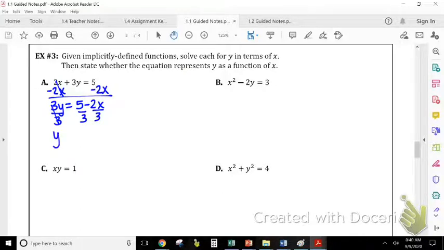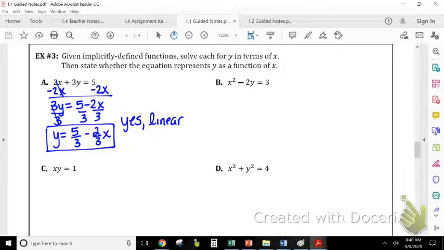And so we get y equals 5/3 minus 2/3 x. All right, so this is in explicit form. We solved it for y, and it wants to know, is that a function? Well, it is a function, and this is actually a linear function. They didn't ask for what type, but I thought you might like to know.